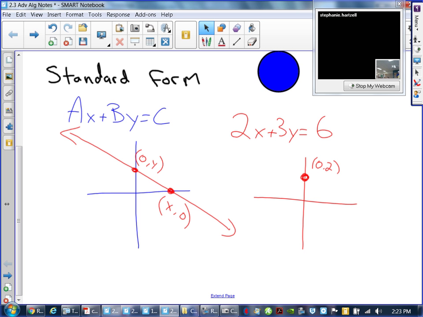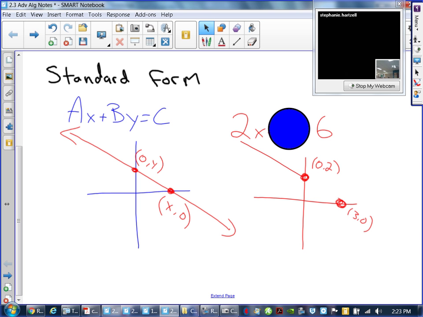If it was a minus 3y, my intercept would have been at negative 2, because when you solve it out, you would divide by negative 3. Does that make sense? So here I have 2x. What's my x-intercept then? 3. Connect the dots.